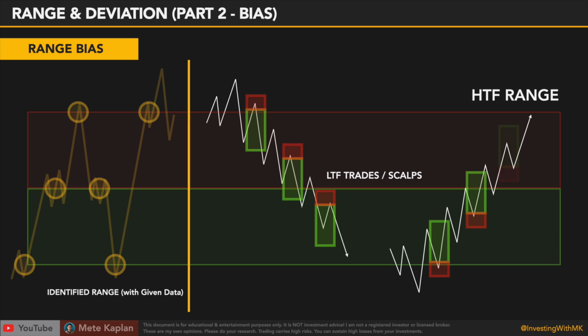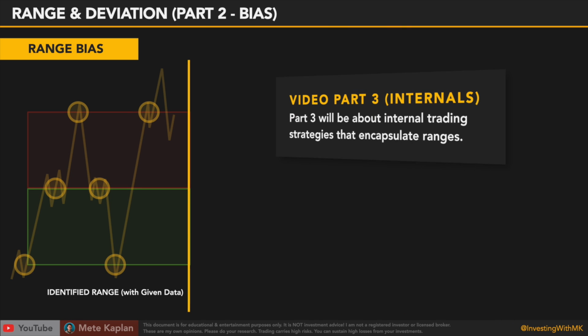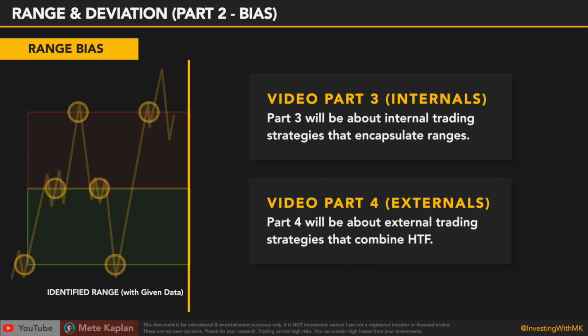You can find hundreds of small scalping opportunities from range high to low or range low to high, all depending on you. Now, as for strategies, I'll cover the most specific internal and external strategies next week.